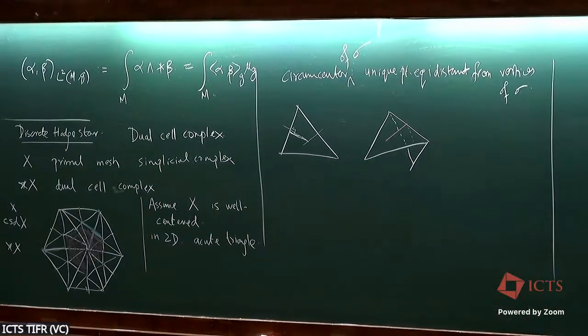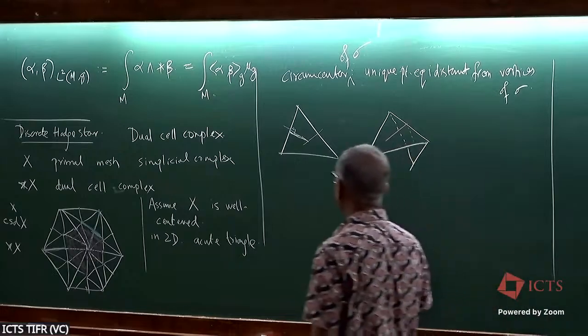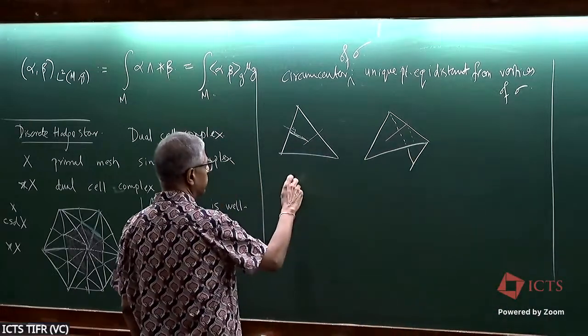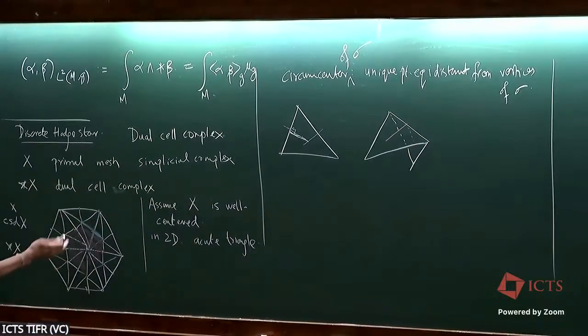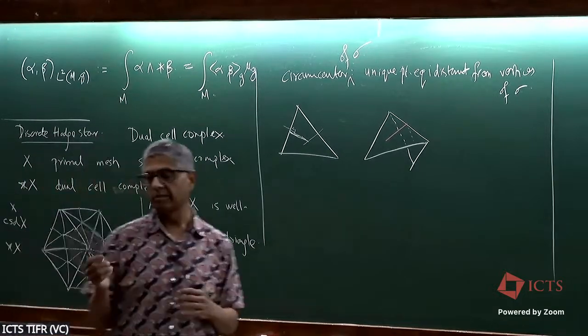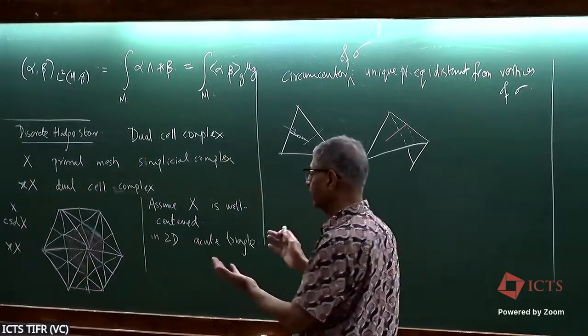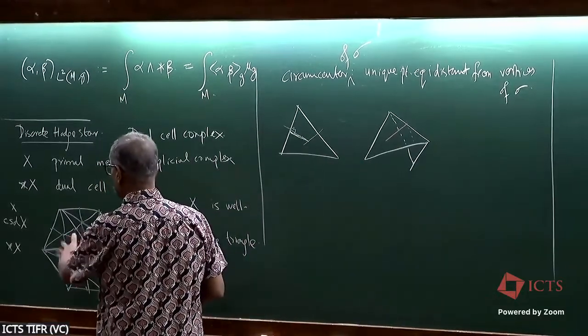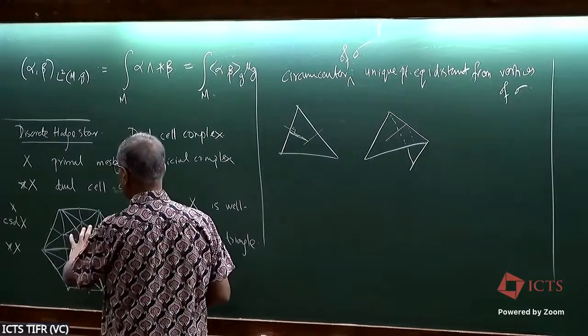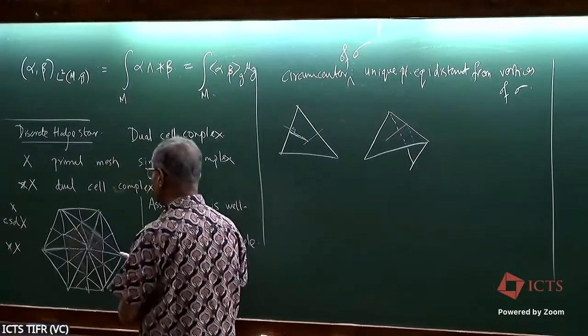So then the DEC Hodge star is defined as a map. By the way, when you put these together, you get a cell complex, which has a formal definition via CW complexes, but we don't need to worry about that. But you can imagine that you have these cells and there's going to be a notion of a D on these things.